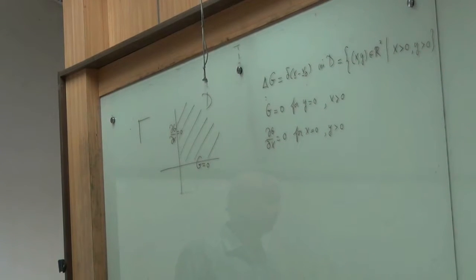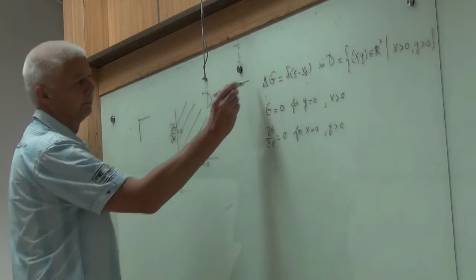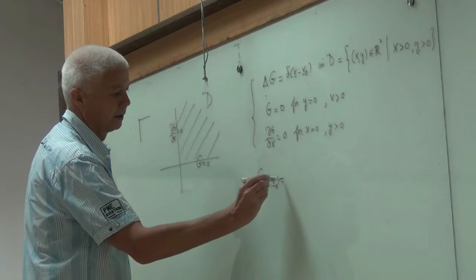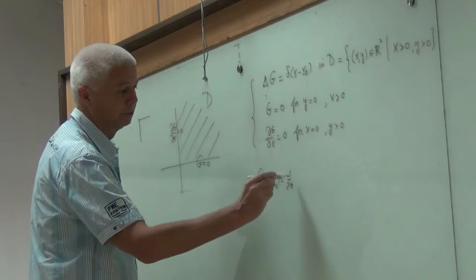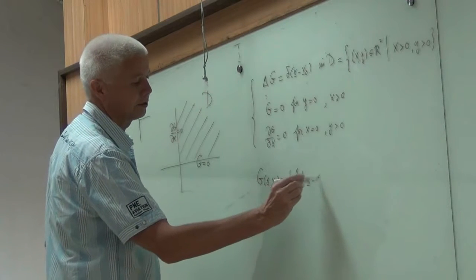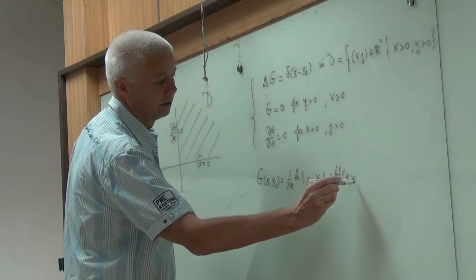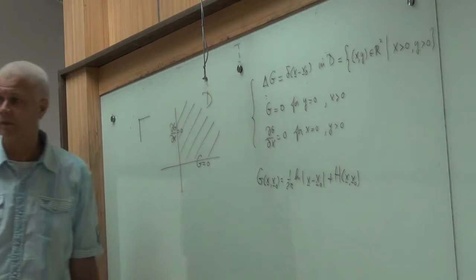Can you construct the Green's function very fast? Well, what do we know? My g is 1 over 2 pi in R2, logarithm of x minus x0, plus that function h(x0).